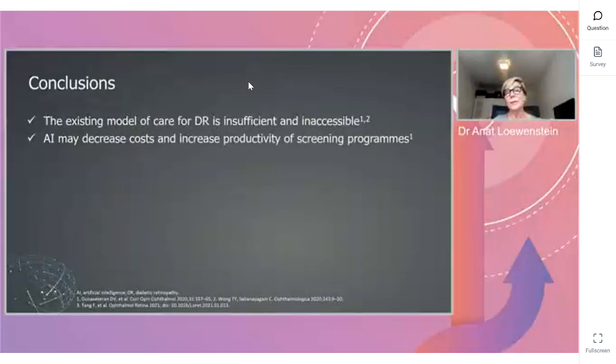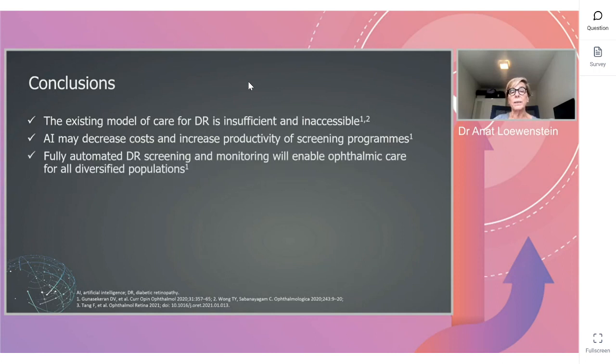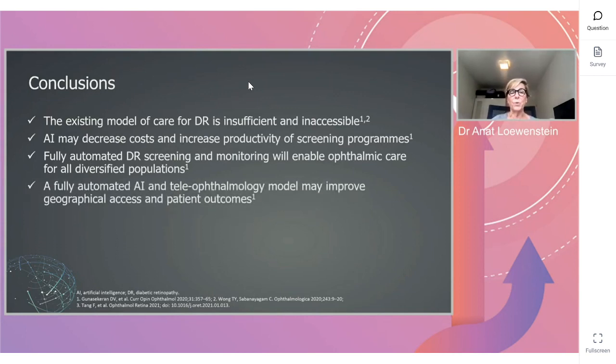Artificial intelligence based screening models can decrease the cost and be more productive. If it is fully automated, it can actually enable ophthalmic care to be differentiated between different populations, so really to refer to the tertiary referral centers only the patients that need such referral as compared to seeing everyone.